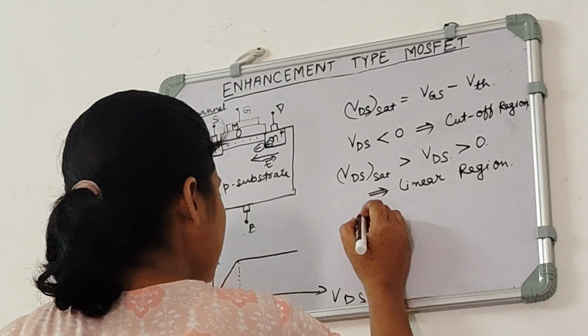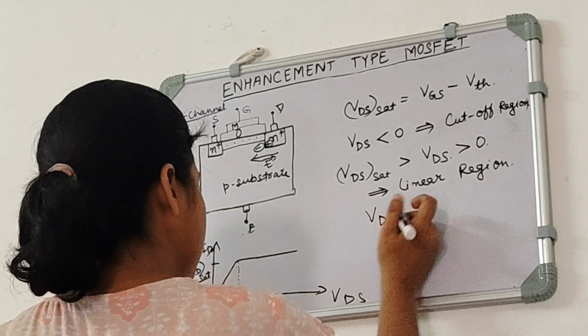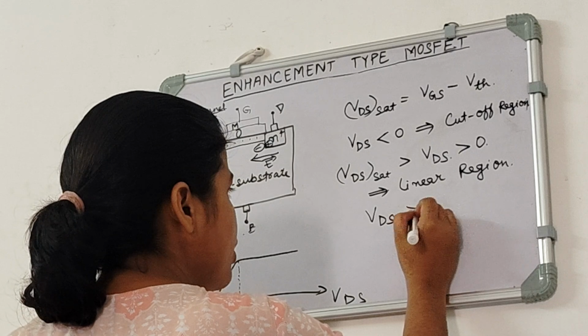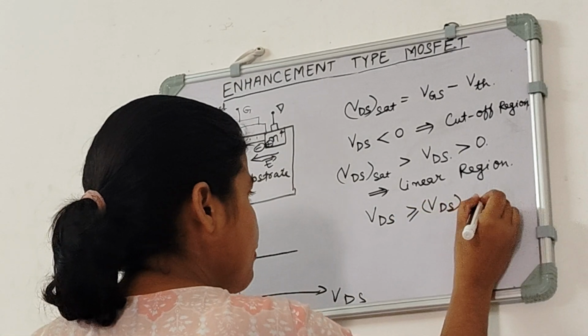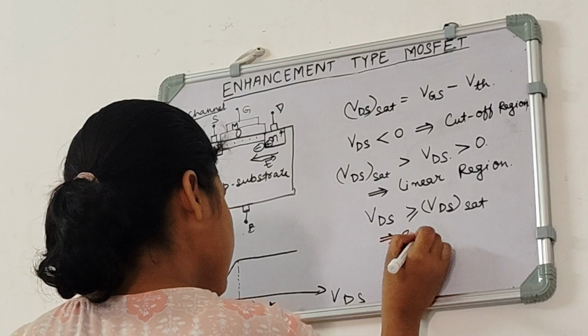Then for VDS greater than or equal to VDS sat, we will have saturation region.